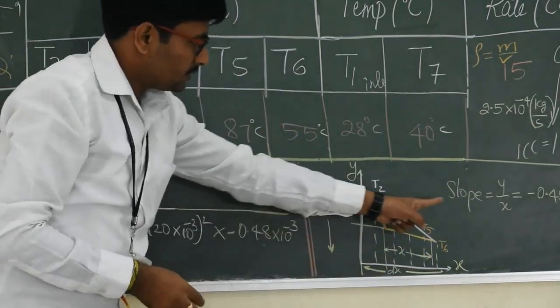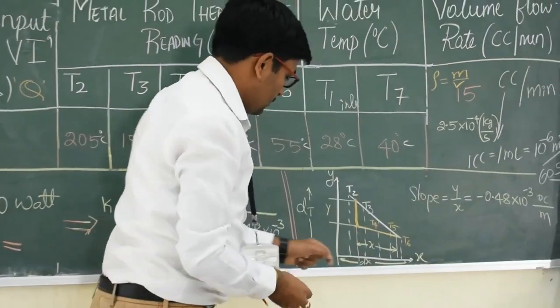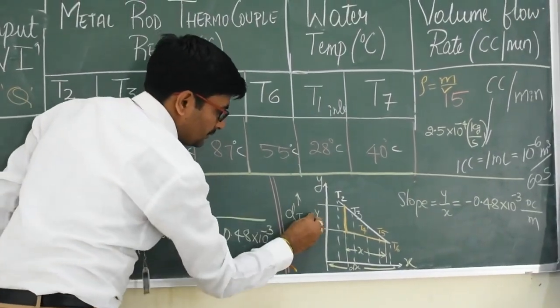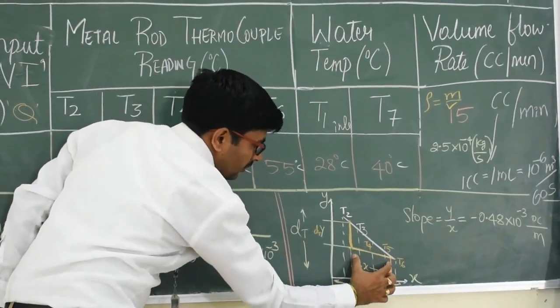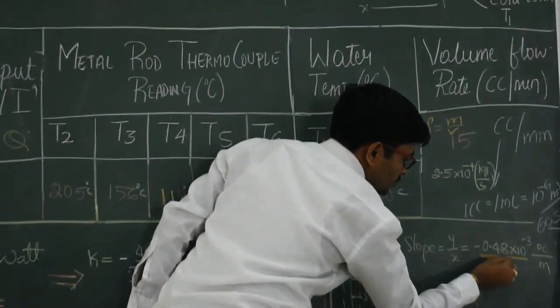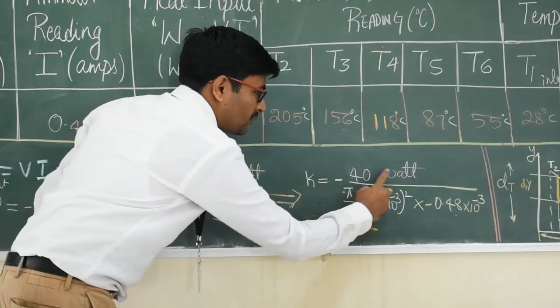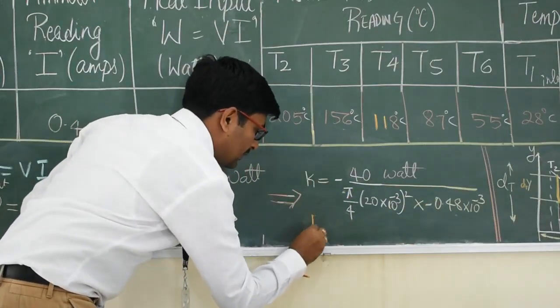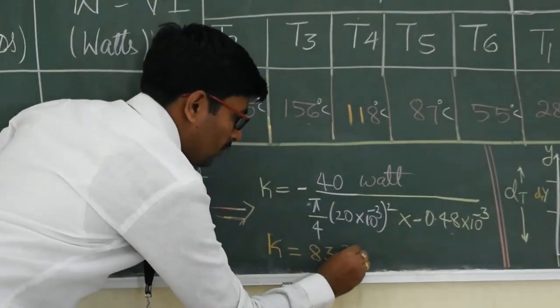The general formula for slope is y by x, where y is nothing but dT and x is nothing but the length of the rod. After calculating y by x, this is the value of the slope. The unit is degrees Celsius per meter. After substituting all the values, we get K is equal to 83.29.